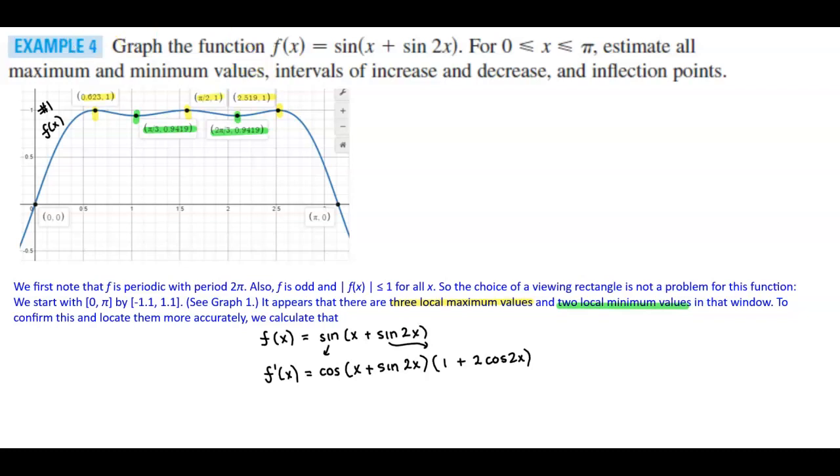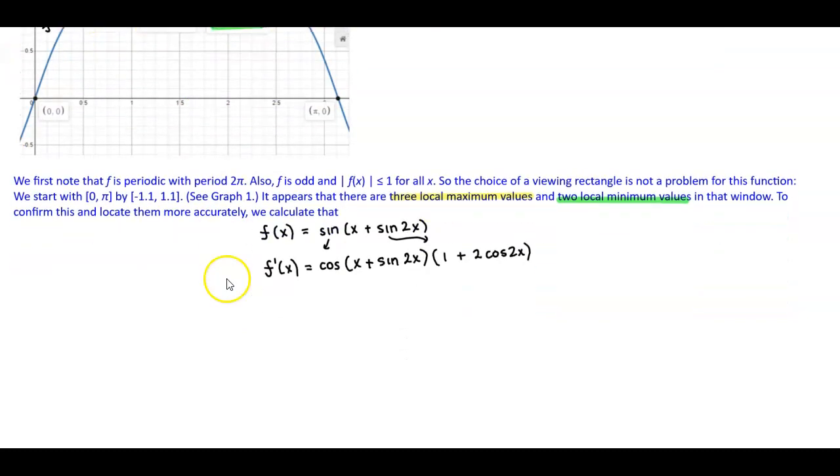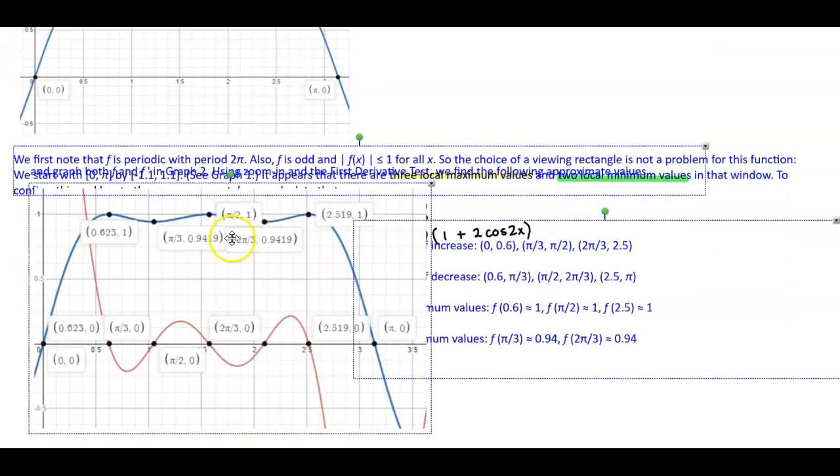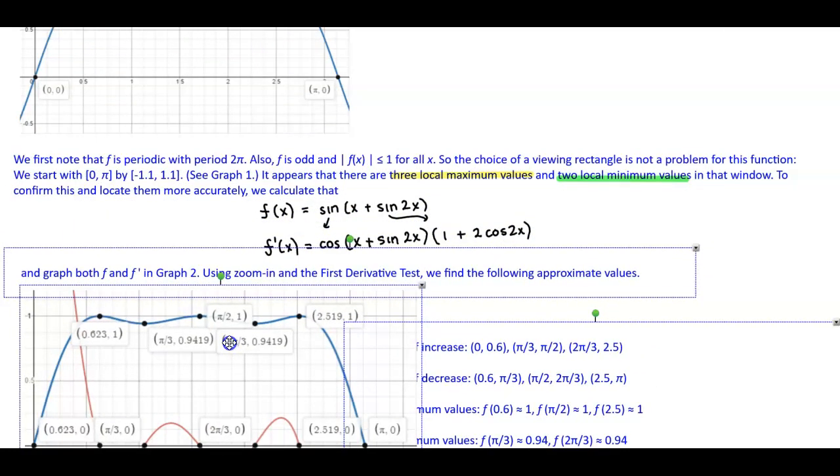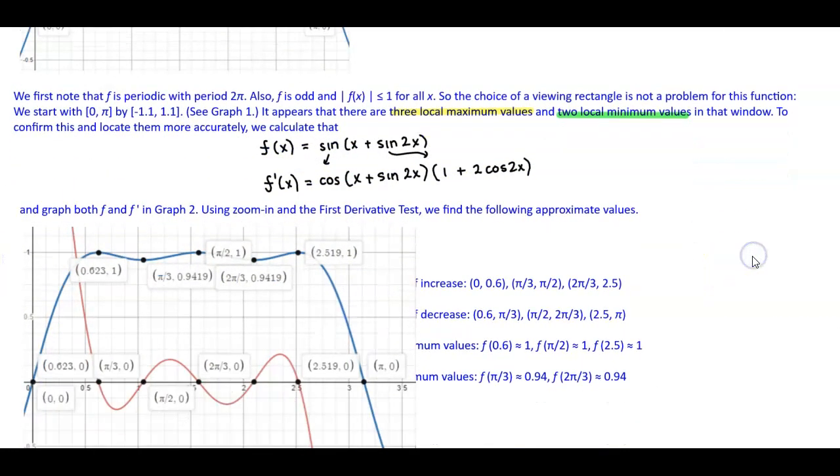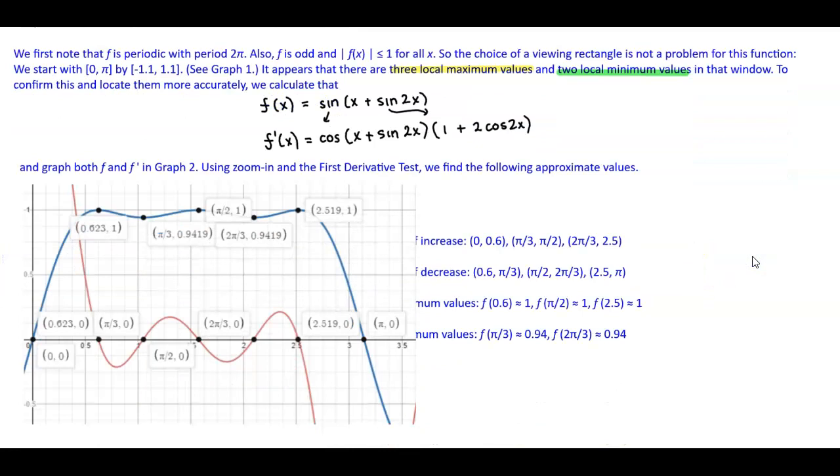Now what we want to do is graph both the function and the first derivative, and then take a look at the first derivative test. So let's go ahead and do that. So here we graphed in number 2, and let's label this. So here's graph number 2.